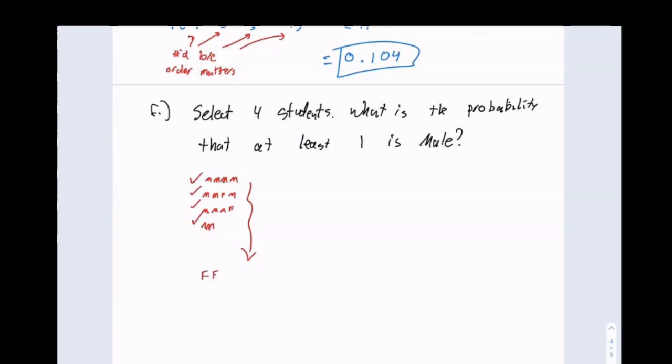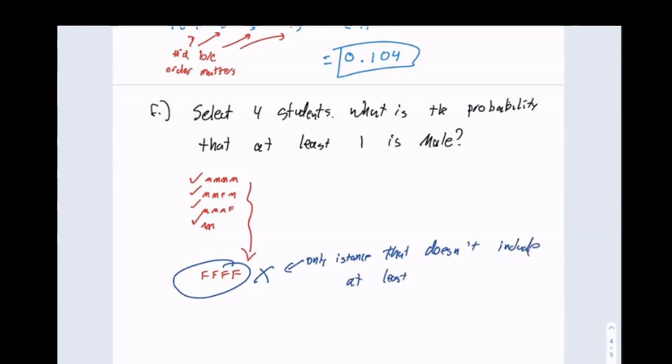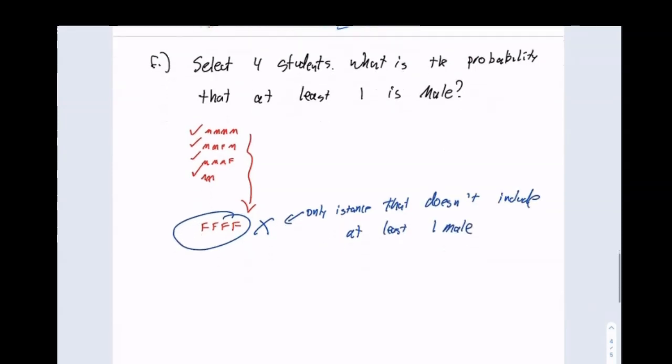Female, female, female, female. And this is the only instance that doesn't include at least one male. All right, let's see how good our memory is on this material.